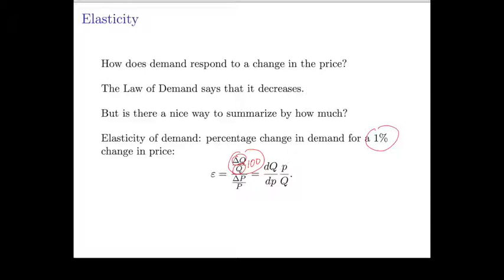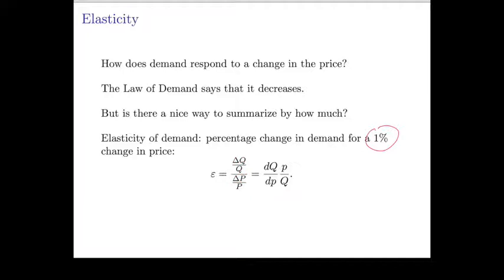The percentage change in the price is the change in the price divided by price times 100. Now the hundreds cancel out, and so we've got the change in quantity divided by the change in price divided by price.